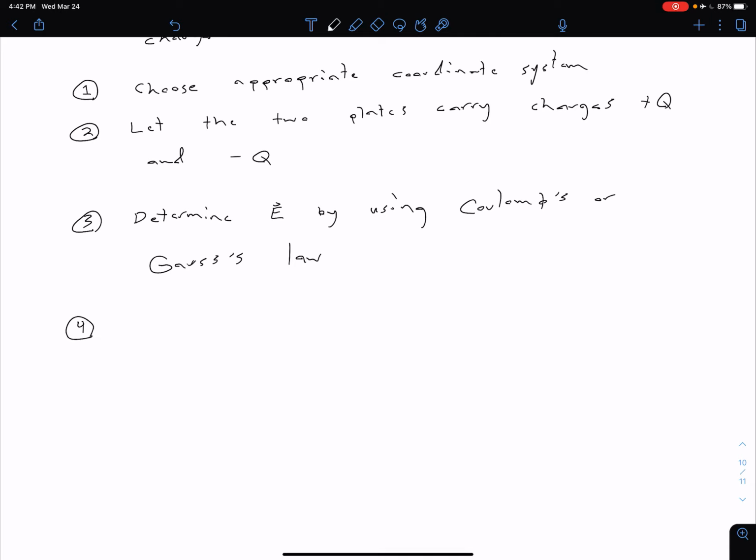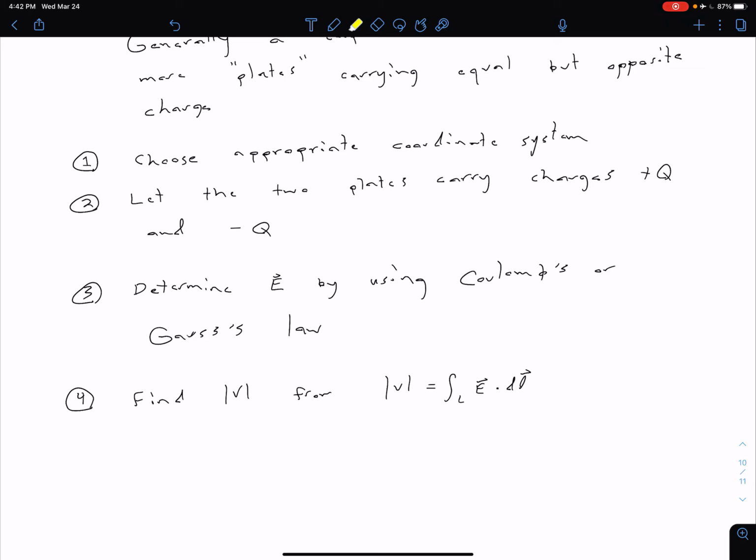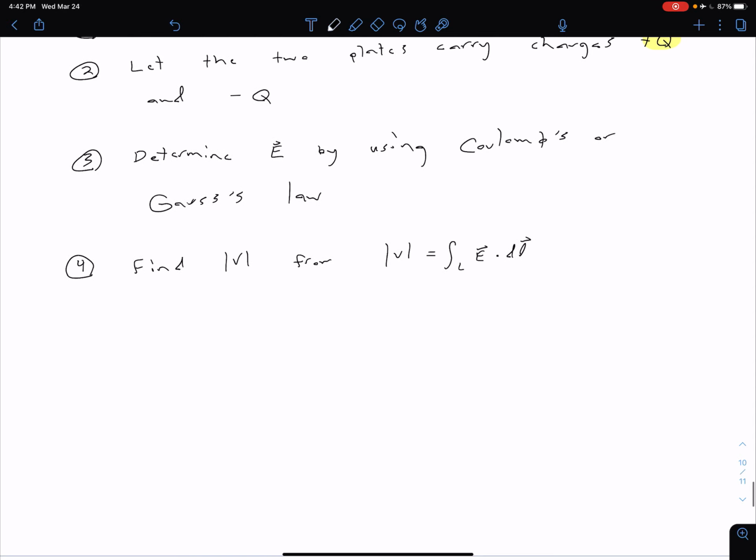So for step 4, once we have that done, we can find the magnitude of V from that expression we had before. So our magnitude of V is, of course, our line integral of E dot dl. And once we have that V, and we know the assumed charge that we started with, so that's just going to be the magnitude of these charges, so we drop the plus or minus, and we're just looking at the Q, then we can go back to our general expression.